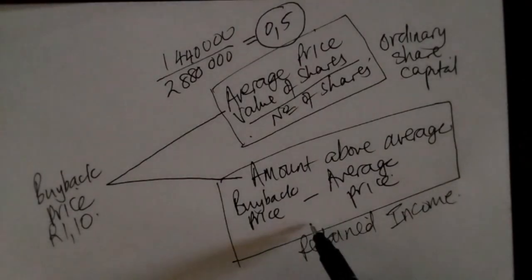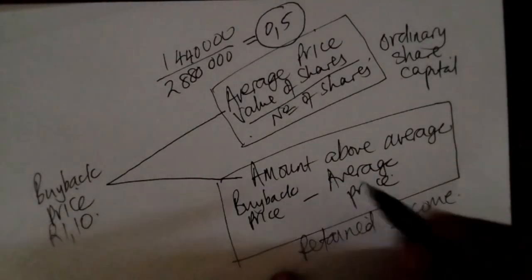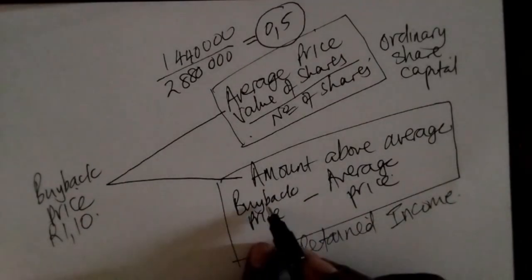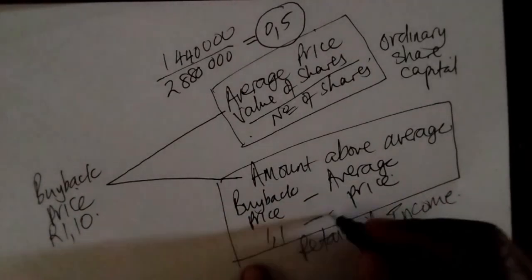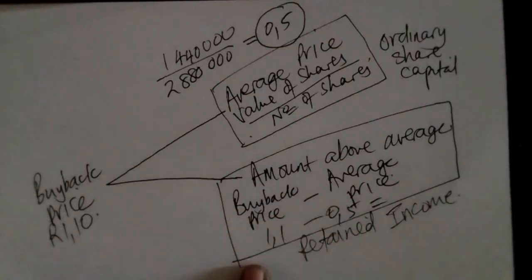But for me to get the amount above average here, I need to say my buyback price, which is 1.1, minus my average price, which is 0.5. If you put that on your calculator, it will give you 0.6.